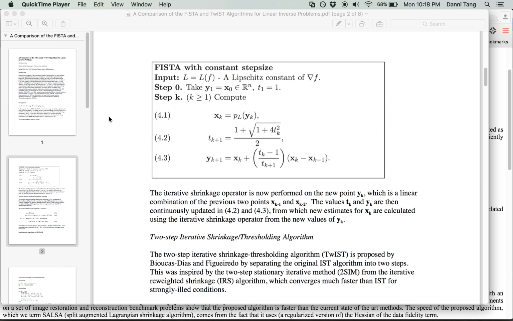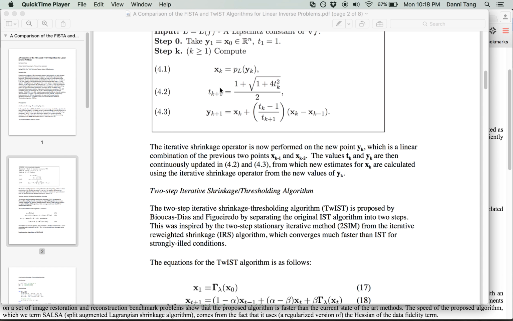And y of k is a linear combination of the two previous x of k points. So the last two, the 4.2 equation and 4.3 equation, are just updating the new estimates, instead of just doing it in one shrinkage operator equation, which is what the ISTA algorithm does.